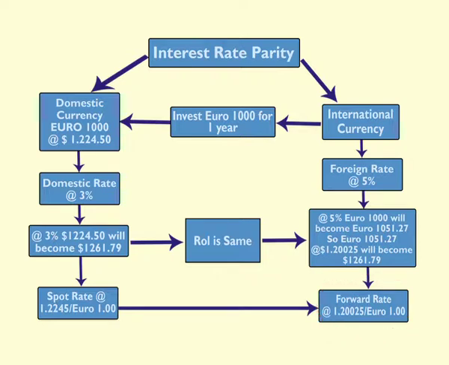So, we buy forward 1 year in the future exchange rate at $1.20025 per 1 euro, since we need to convert our euro back to the domestic currency, that is the US dollar. Then we can convert 1051.27 euro at $1.20025, which gives $1261.79. Thus, when there is no arbitrage, the return on investment is equal in both cases, regardless of the choice of investment method.